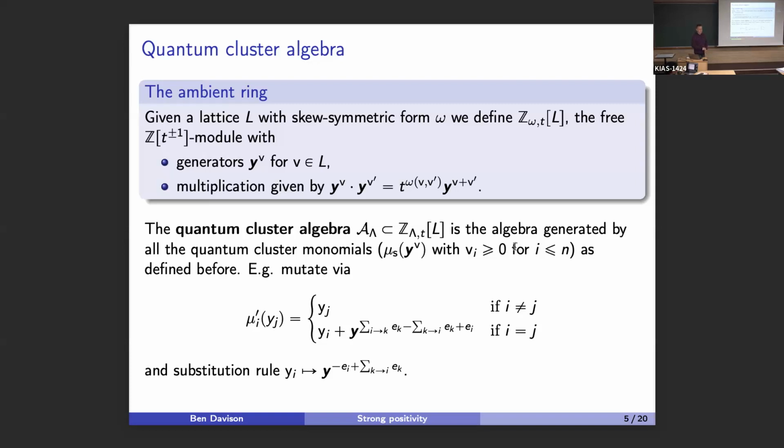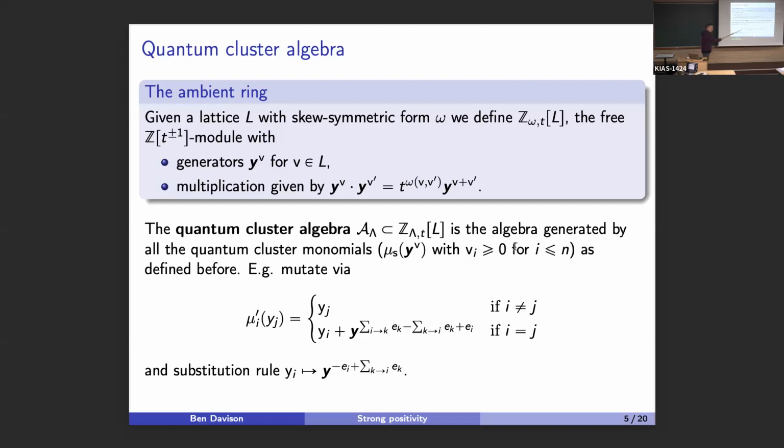You'll see they're kind of the same size up to changing the coefficient ring from Z to Z[t]. Then these yi's have nothing to do with t in this case. t doesn't make an appearance yet.